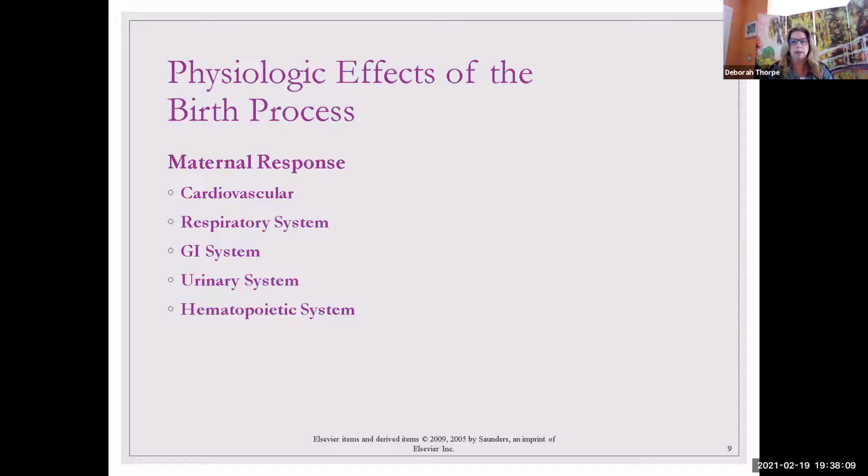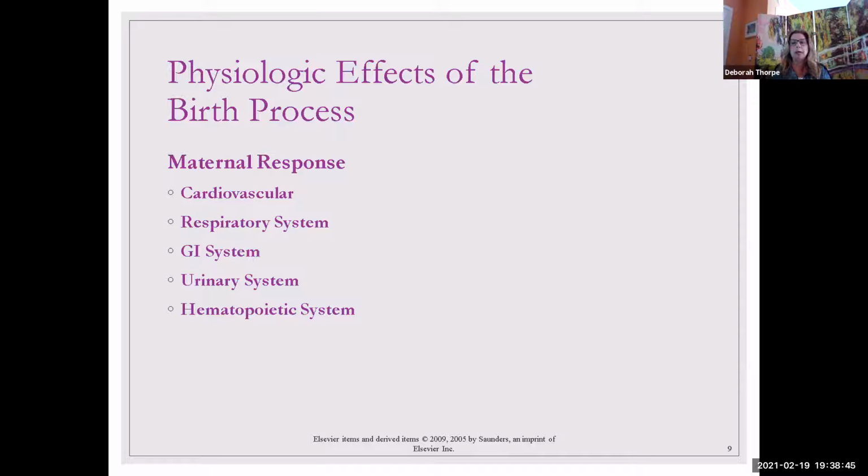And then the hemopoietic system, I think you've probably read this, but basically their whole blood volume is increasing during this pregnancy from the start. When they go to have the baby, an average blood loss, so think about this, is 500 mLs. That's what they say is an average blood loss during a vaginal delivery.